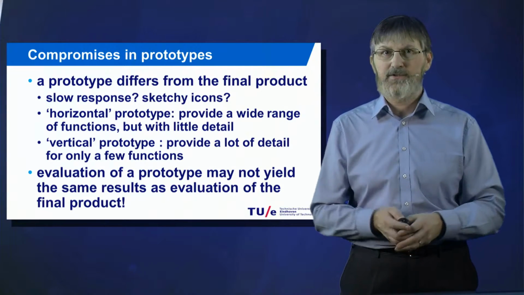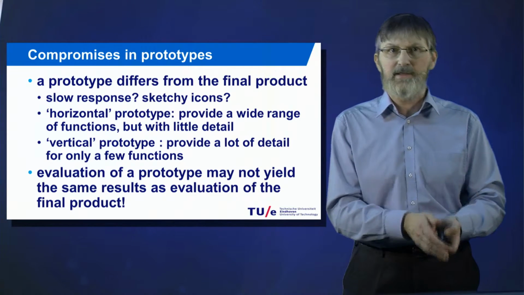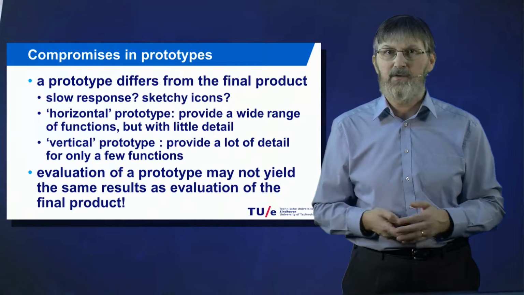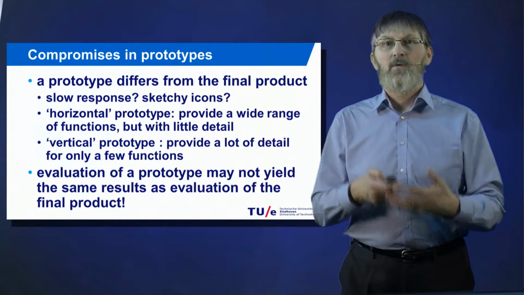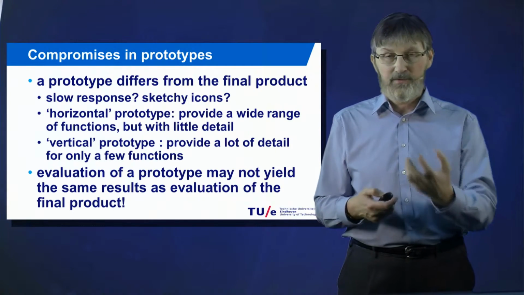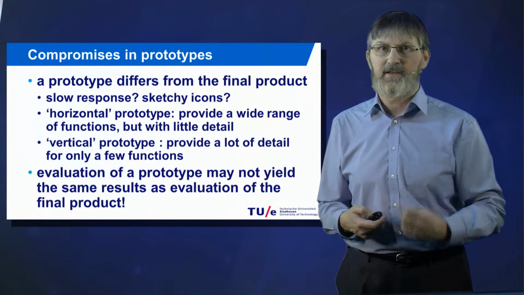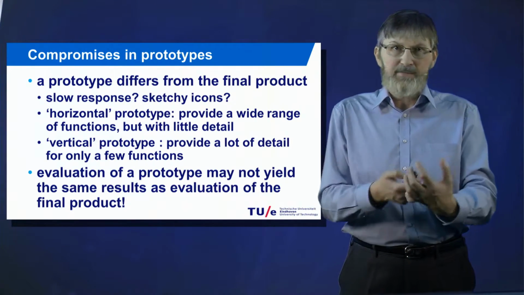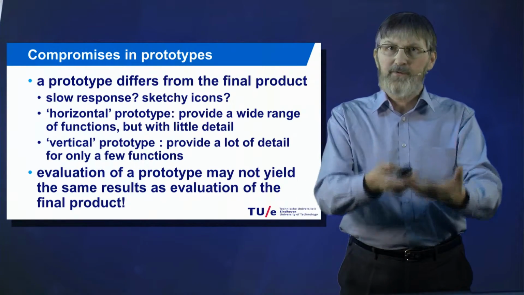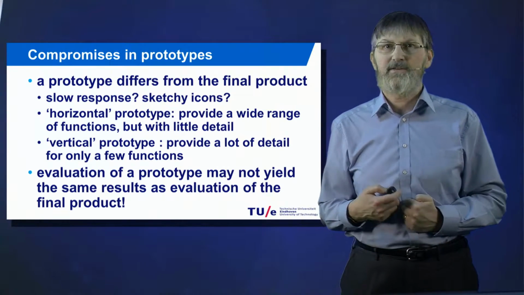When you evaluate such a prototype, you will not get results that carry over completely to the final product. For instance, as we discussed in the evaluation part of this course, when a user makes a mistake, presses a button that would normally activate a completely different function than he has in mind, but in your prototype that function has not yet been implemented, we can provide the user with an error message that says, sorry, this functionality doesn't exist.